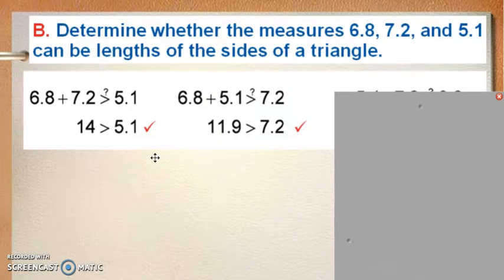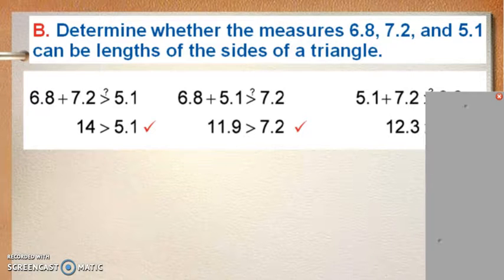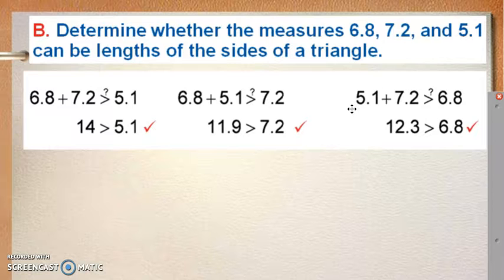Next set of sides, I have 6.8 plus 5.1 is 11.9, which is greater than the third side, 7.2. And finally, 5.1 plus 7.2 is 12.3, which is greater than the third side, 6.8. Since all of these work, it is a triangle.